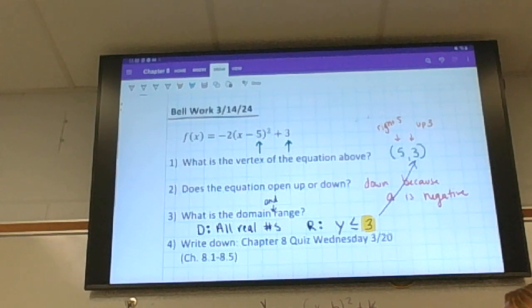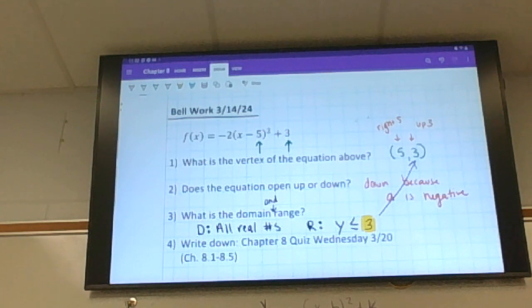So when I picture this parabola, this is what I'm picturing. I'm picturing a dot at (5, 3). And I'm picturing arrows go down. So even if I don't know anything else, I don't want to do a whole lot of work mentally. I see a point at (5, 3), and arrows go down.